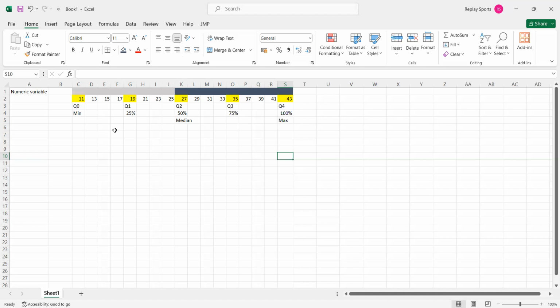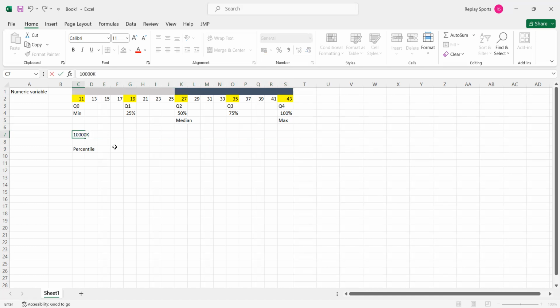You guys must have heard of percentile, isn't it? Percentile also belongs to the same family, the median and quartile family. What it does is it divides the entire data into 100 parts. So if you have in total 10,000 records, you divide 10,000 into 100 parts.